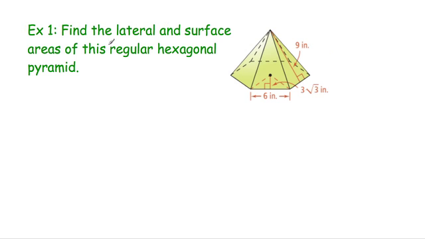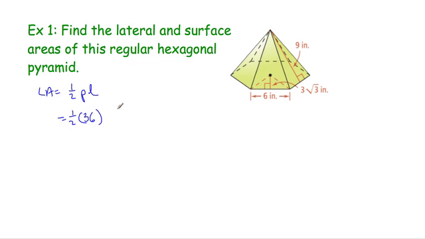All right, so let's find the lateral area and surface area of this one. Lateral area is 1/2 the perimeter times the slant height, so I have to find the perimeter. Let's see, I have 1, 2, 3, 4, 5, 6 sides. Each side is 6, so 6 times 6 is 36, times my slant height.